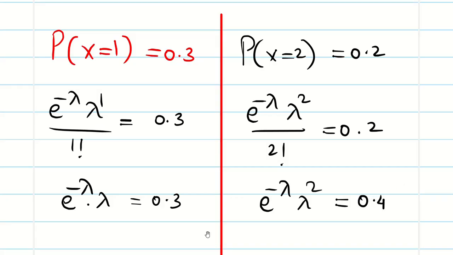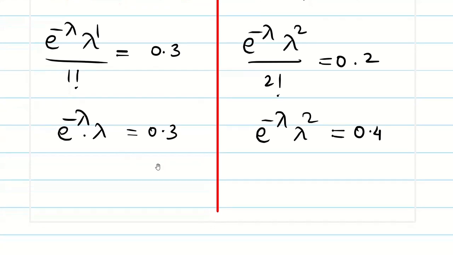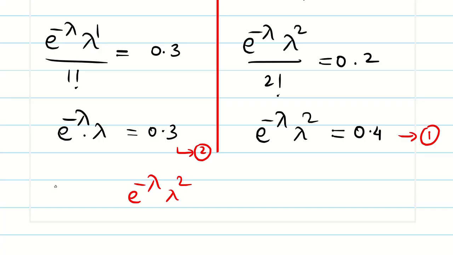So it is going to be very simple. Now you have already guessed what you have to do. You just divide these two equations, guys. If you divide these two, it is going to be very easy. You can finish the problem. I'll take this as equation 1 and this as equation 2.